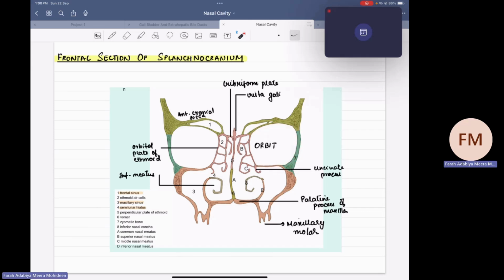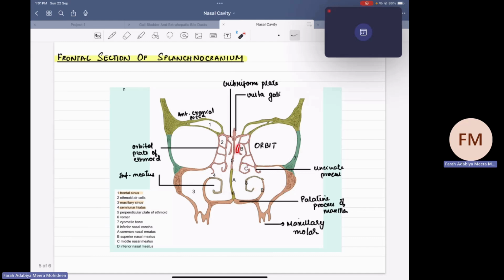And then you have your ethmoidal air cells, your crista galli, your perpendicular plate of your ethmoid bone, your vomer, and then your cribriform plate. Here it's the palatine process of your maxilla, and we can talk about the meatuses now. You have a common nasal meatus, your superior, middle, and inferior meatus.